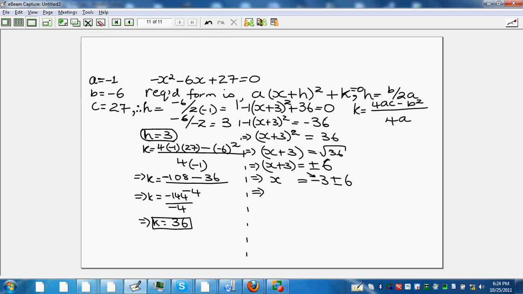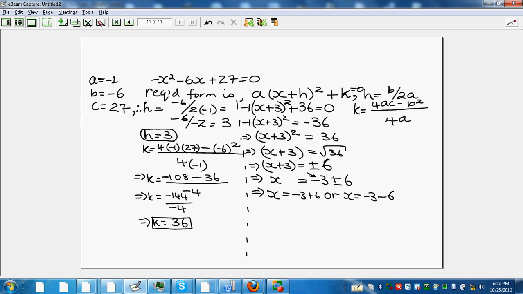So what happens next? Minus 3 plus 6 is one possibility for x, or the other possibility is x will be equal to minus 3 minus 6, because remember, it's plus or minus.